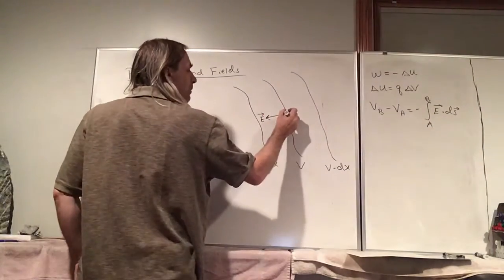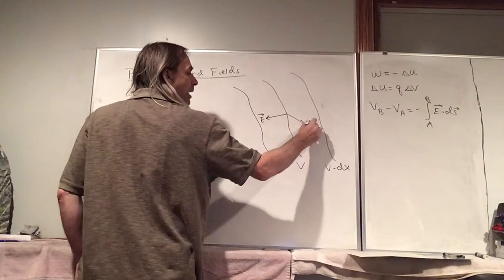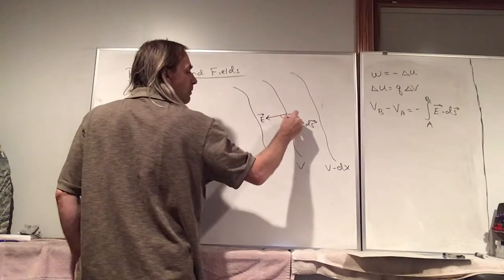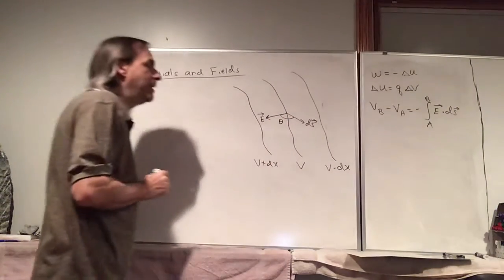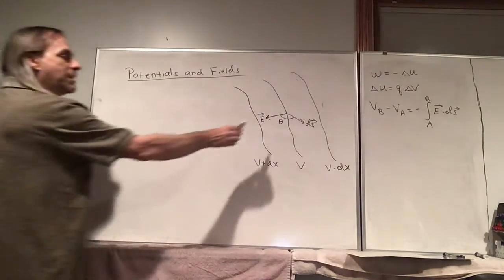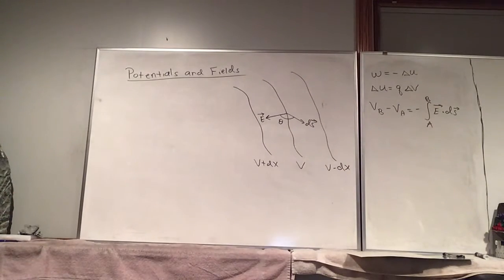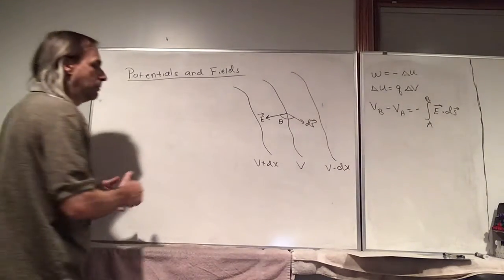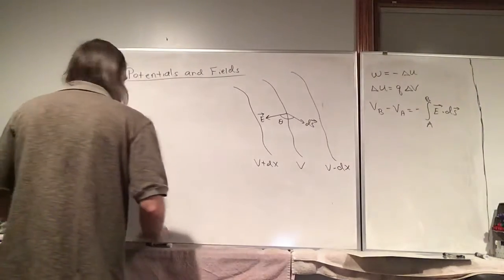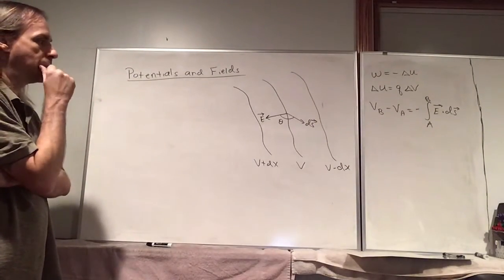Like say we have ds, which can be anything. So there's an angle between these two vectors. And if we go through this small displacement ds, actually I want to, let me think about this picture for a second.